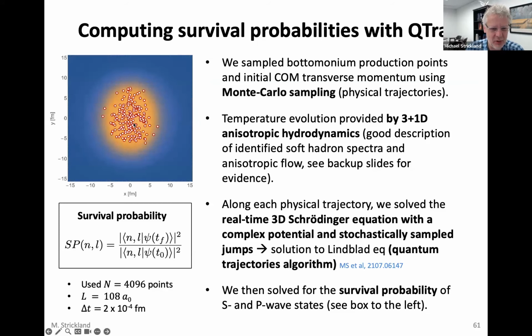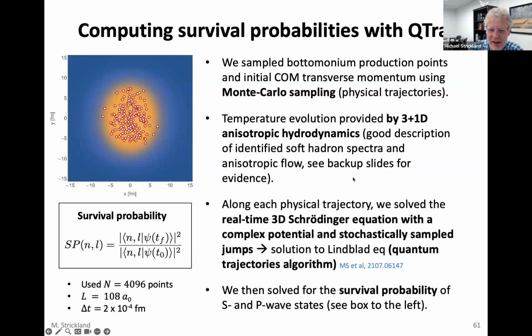Then they will evolve in time, but the quark-gluon plasma will also evolve in time. For the quark-gluon plasma evolution, we have a code that I developed here at Kent State called 3+1 dimensional anisotropic hydrodynamics. It's been fit to all sorts of soft hadron data, so spectra, elliptic flow, all of that stuff. So we can just use it out of the box.